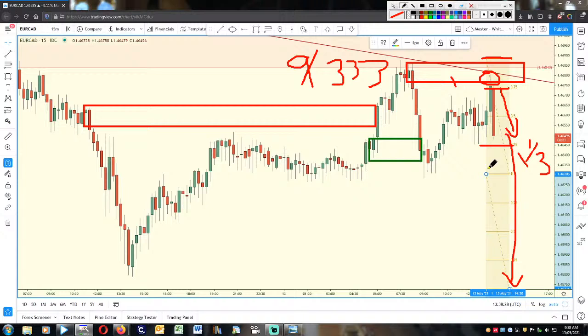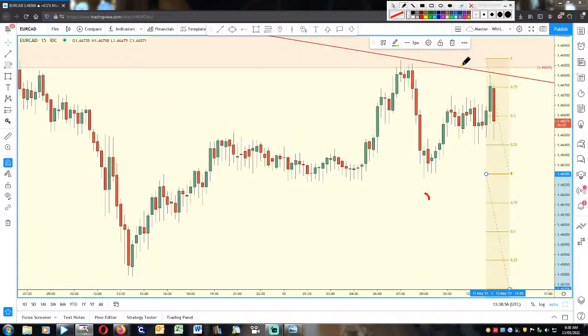Because once you hit that one-third mark, the trade is for free. If price were to head up and hit the stop loss, you'd break even. So you leave the stop loss there as is, and you don't touch it. Then you have your targets lower, and you ride the rest of the two thirds of your position to the downside. That is a technique you could use in something like that.